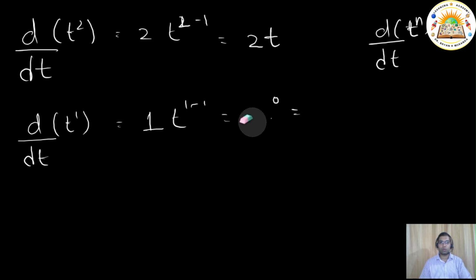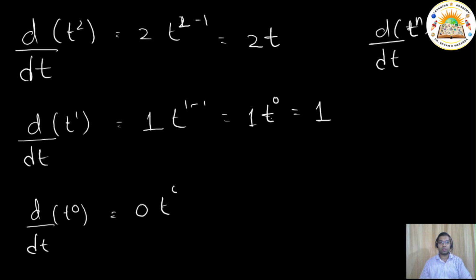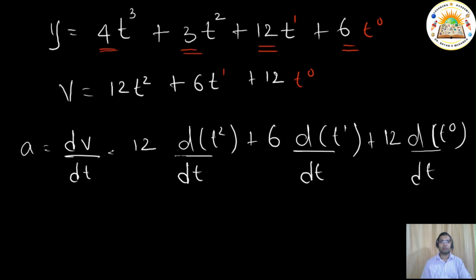It's not 2, it is 1 t power 0, which is equal to 1. And d by dt of t to the power 0 is 0, t power 0 minus 1, which is equal to 0. Now, we will go ahead and substitute these values in our expression.